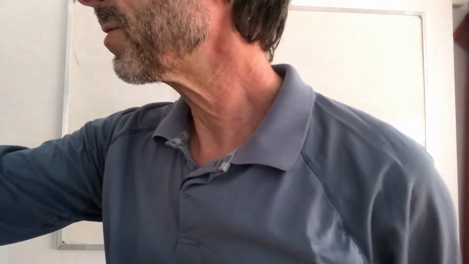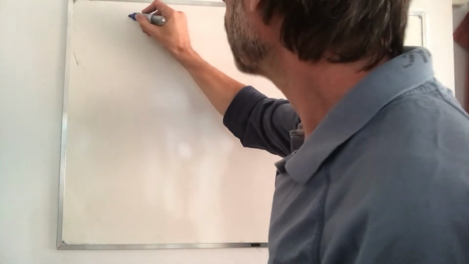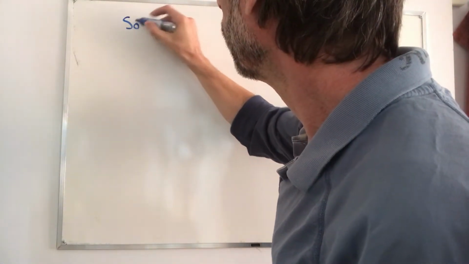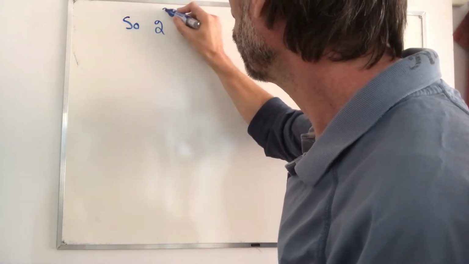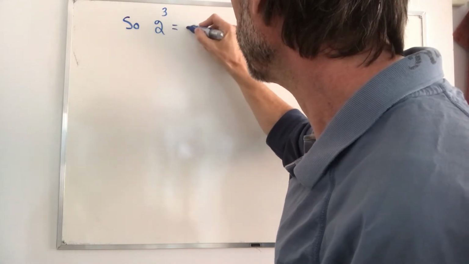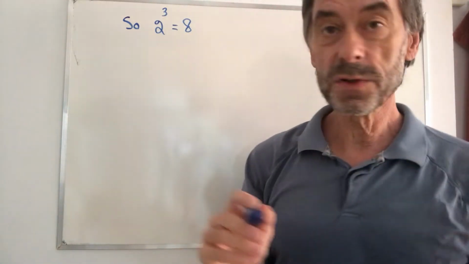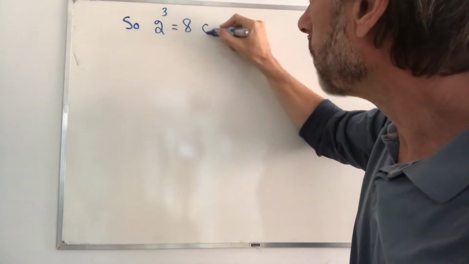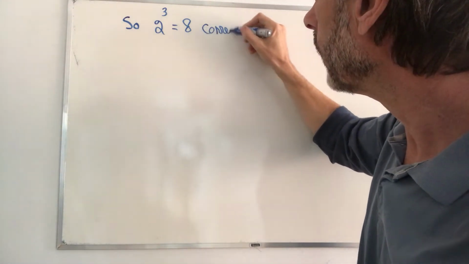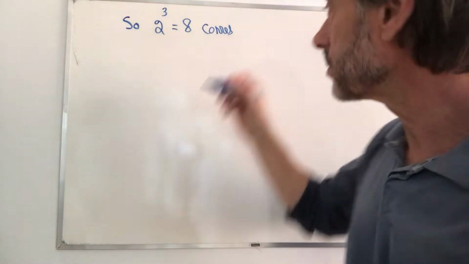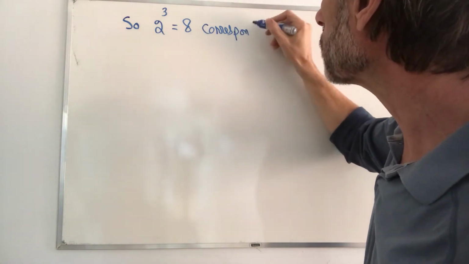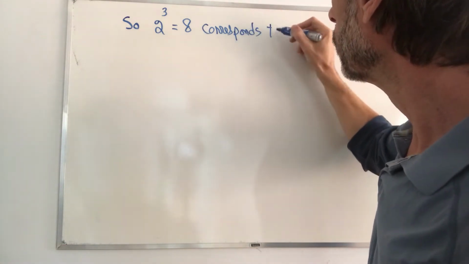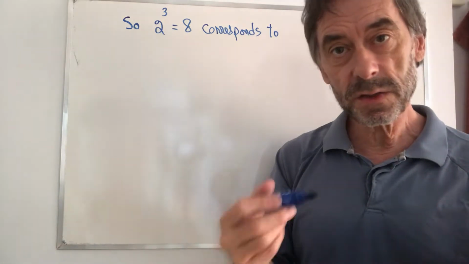From this, we can extrapolate the connection that exists between logs and exponentials in the following way. 2 to the power of 3 equals 8 corresponds, in the language of logs, to, what did we say this was equal to?